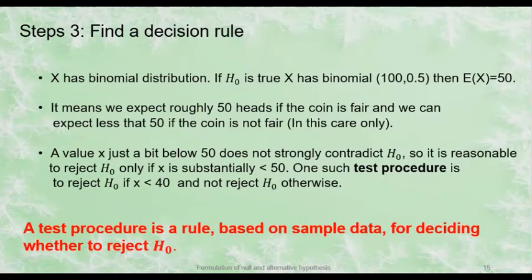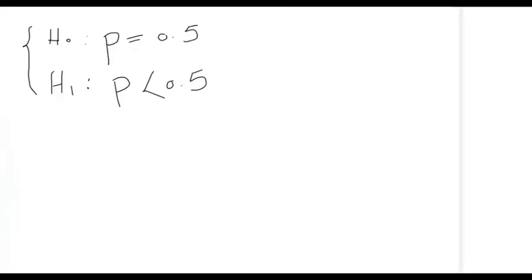The next step is finding a decision rule. X, the number of heads, has a binomial distribution. So we have a test statistic. This is step 1.